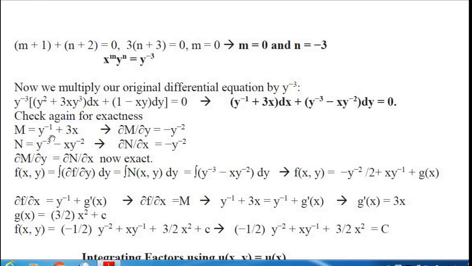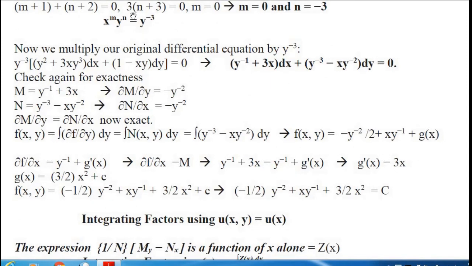So M is equal to this one and N is this term, implies dou M by dou y equal to minus y raised to minus 2, and dou N by dou x equal to again minus y raised to minus 2. See, now the given equation becomes exact.